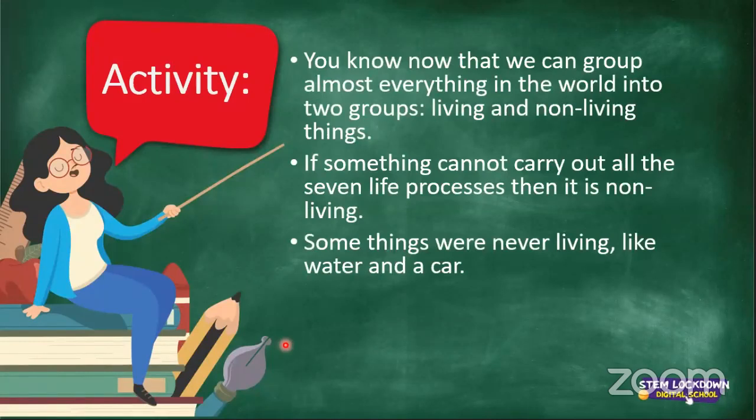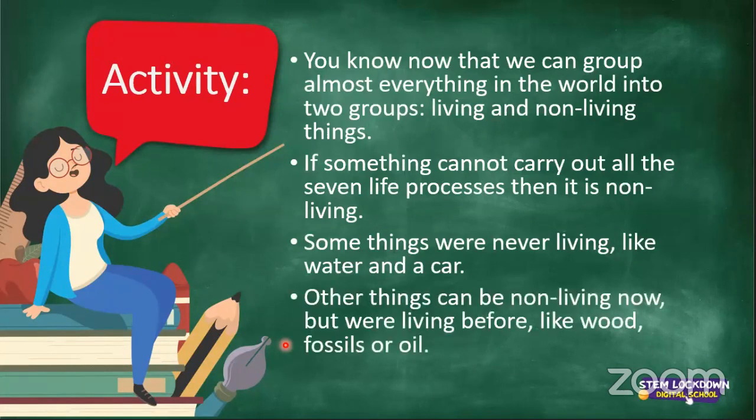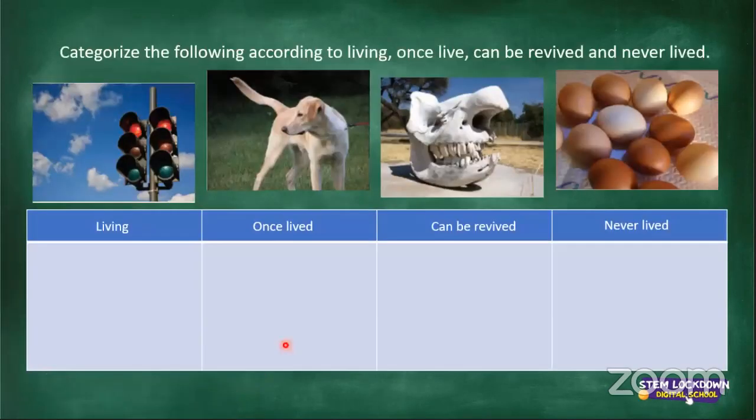It didn't come from something that was living. Some things were never living, like water and like the car we just looked at. But other things can be non-living now, but they were living before, like wood, like fossils, or like oil.